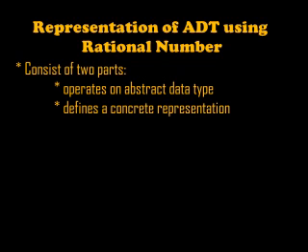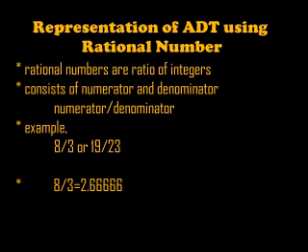That is the concrete. Understand? Data type is the overall representation, and concrete means each line. It explains each line of the program. Did you get it? Then this data abstraction is represented using rational numbers.